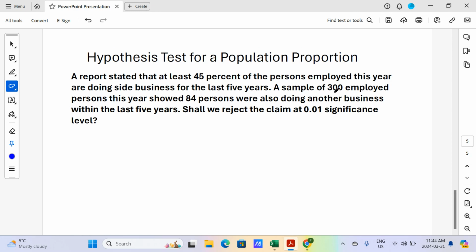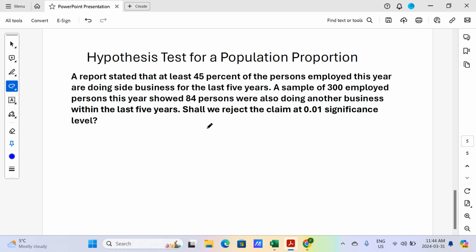A sample of 300 employed persons this year showed 84% were also doing another business within the last 5 years. Shall we reject the claim at 0.01 significance level? Alpha is 0.01.